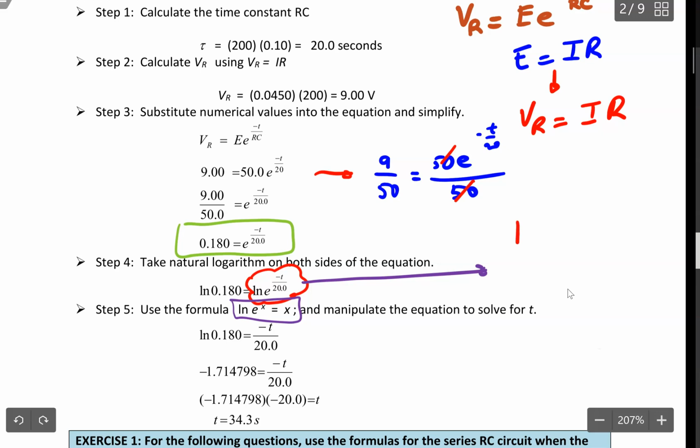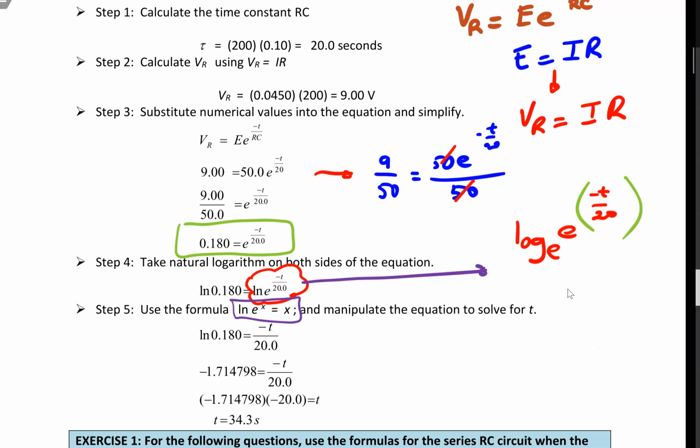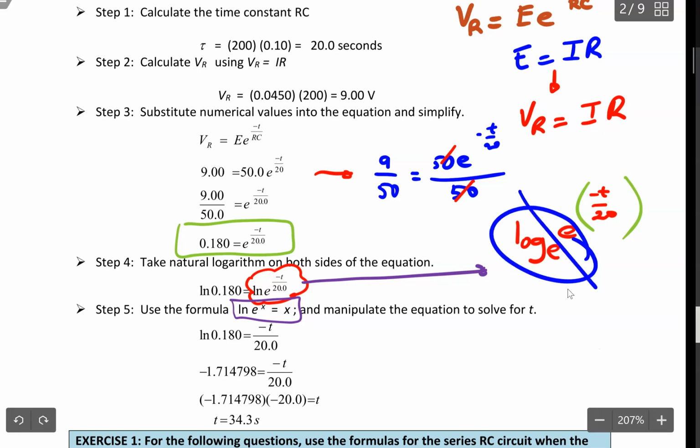So basically, I can break that into log of e to the power of negative t over 20, and this whole thing here is the exponent of this entire log. So that eliminates, right? You can cancel it out, and it's just equal to the exponent.